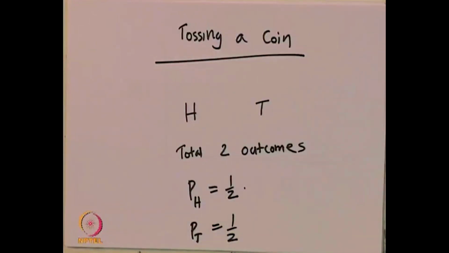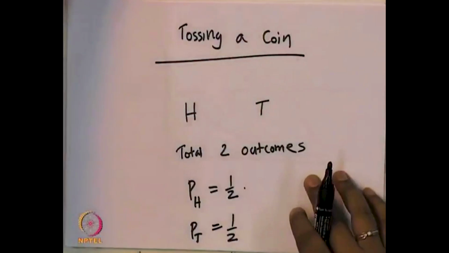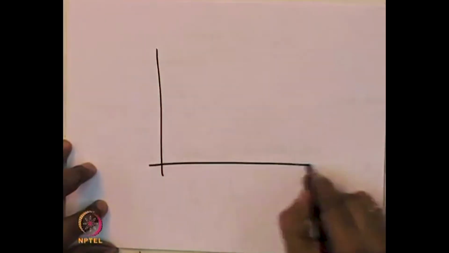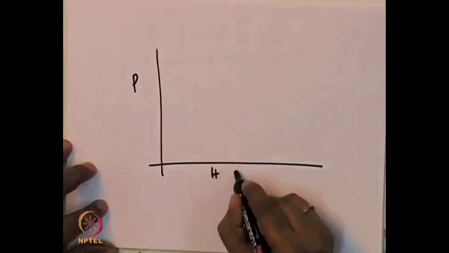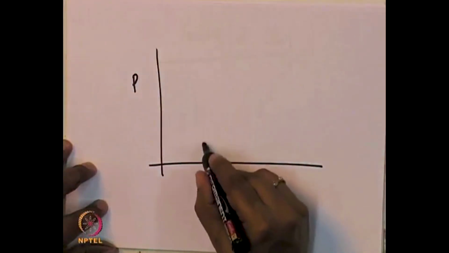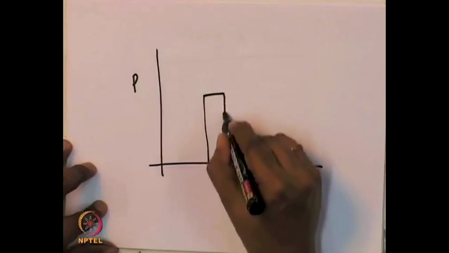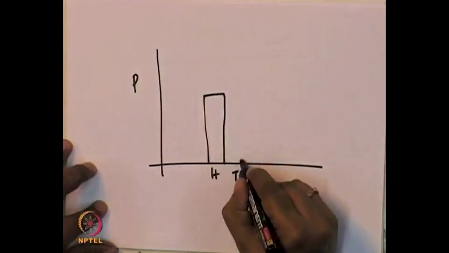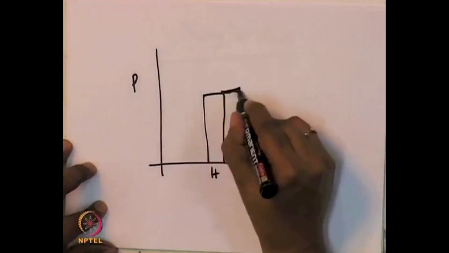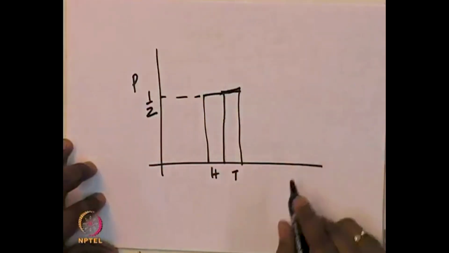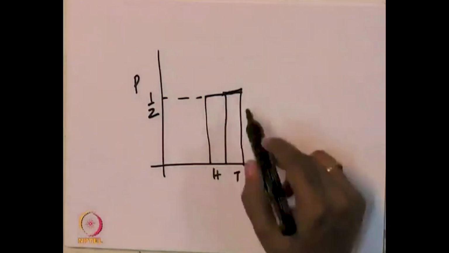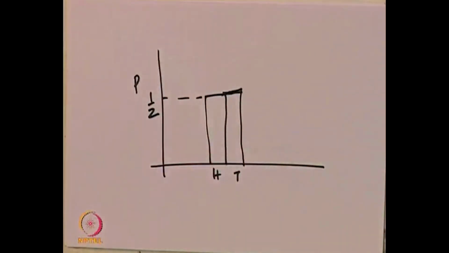If you have a histogram of head and tail, the probability of getting head will be half and probability of getting tail also will be half. So, we can call it uniform. This is an example of a uniform distribution.